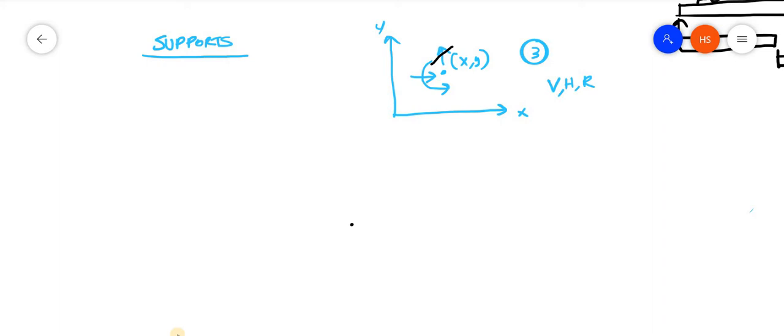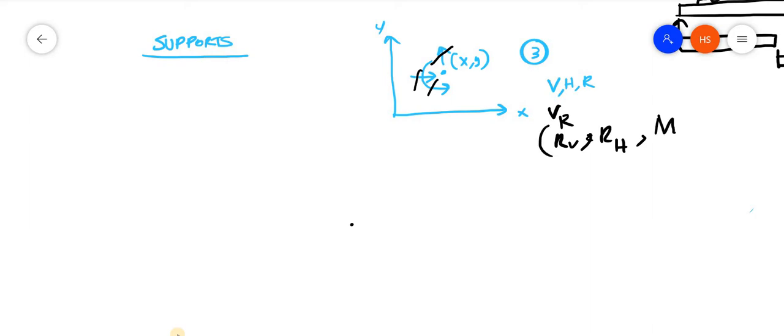So, if I am restricting a vertical motion, then there will be a vertical reaction. I am marking it as VR or RV, like that. If I am preventing the horizontal motion, there can be another reaction, a horizontal reaction. And if I am preventing the rotation, there can be a moment, a moment at a point.